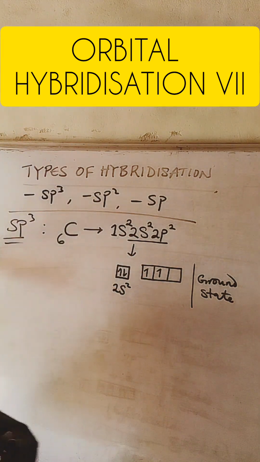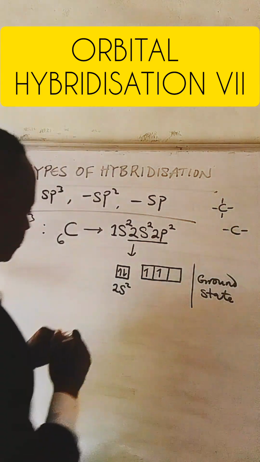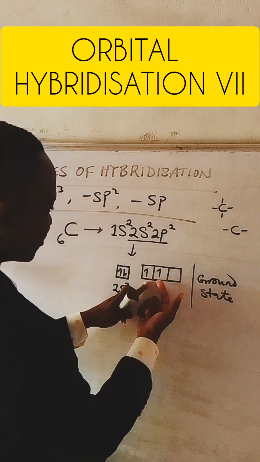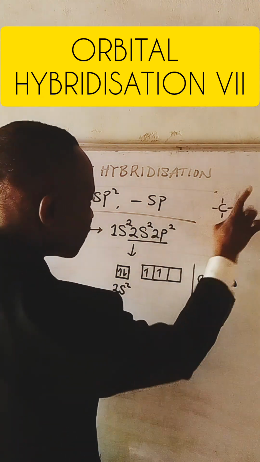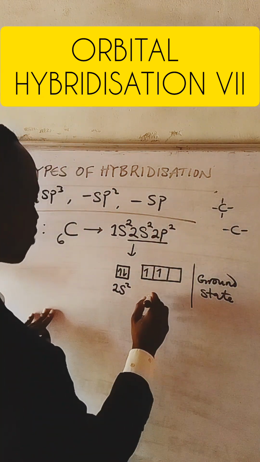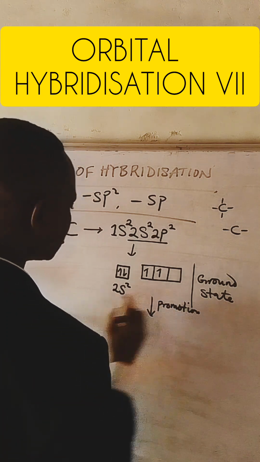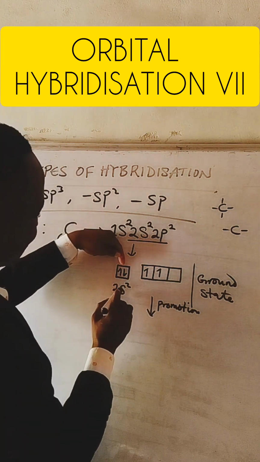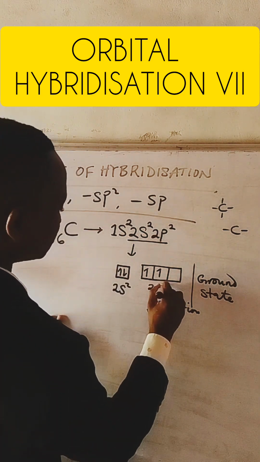Now, carbon forms 4 bonds around it and not 2 bonds. If you look at it, it's as if carbon uses these 2 electrons to bond with other atoms, but it is 4. Why? There is what is called promotion. One of these s orbital electrons is promoted to the empty orbital of p here. Remember, this is 2p2.